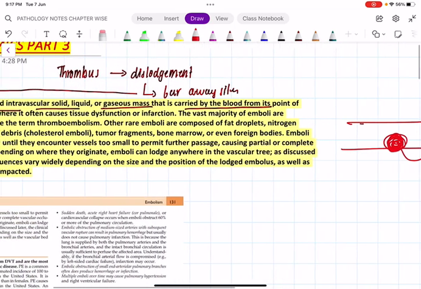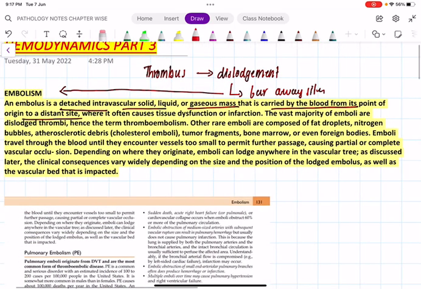So the most common cause of an embolism is nothing else but thrombi. That is why we call this thromboembolism. We have other different types of embolism, that is fat embolism or nitrogen bubbles.